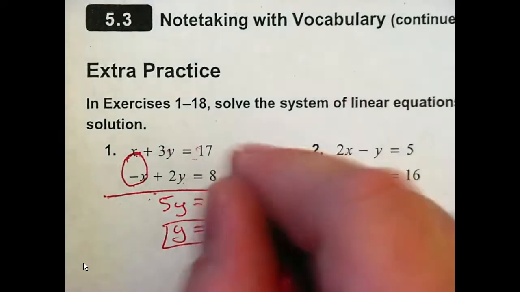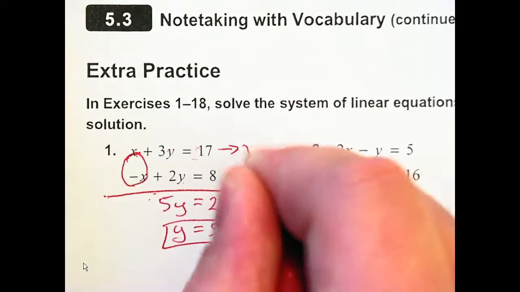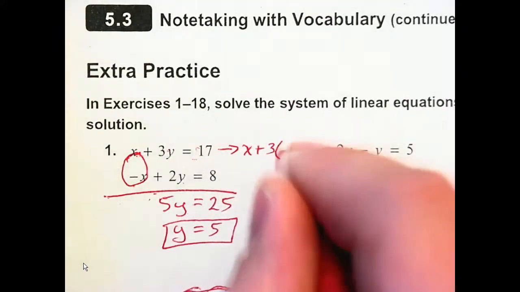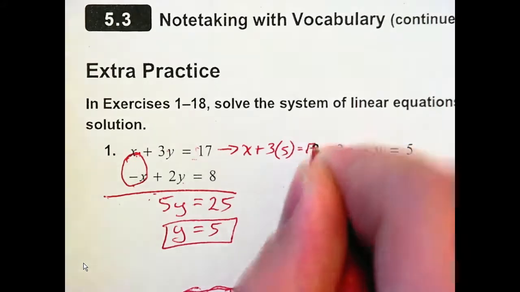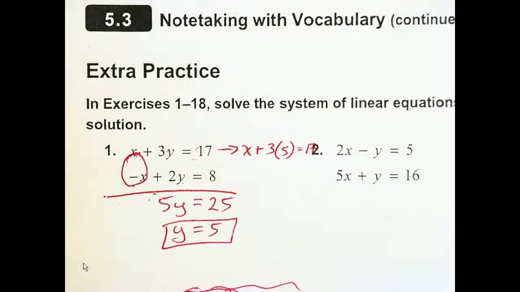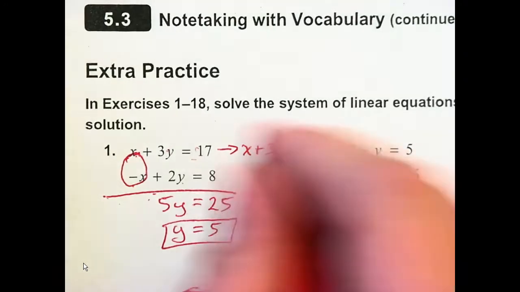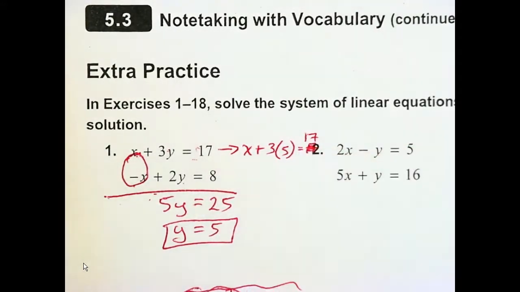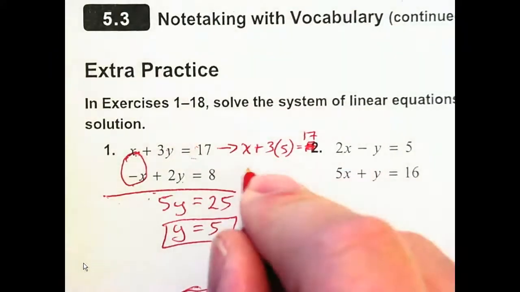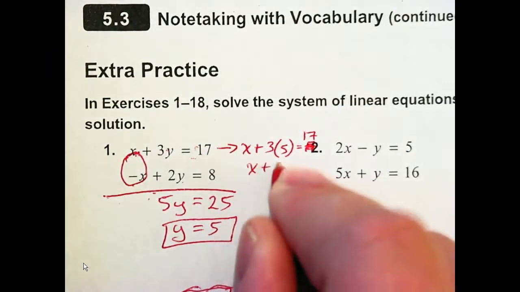Y equals 5 there. I just got that. It took me a minute to figure out what 17 plus 8 was. I kind of smushed myself in there, so this is supposed to be a 17 there. It looks like the square root of 2.